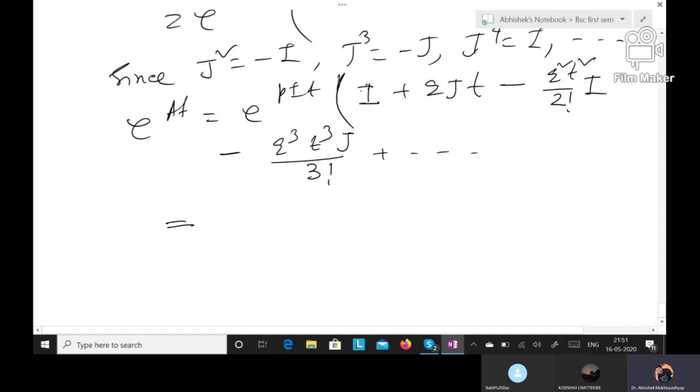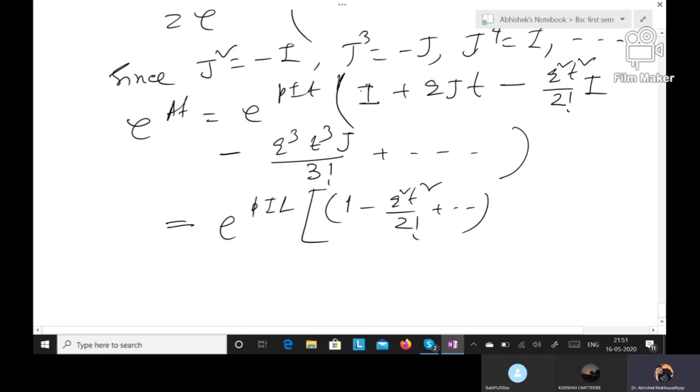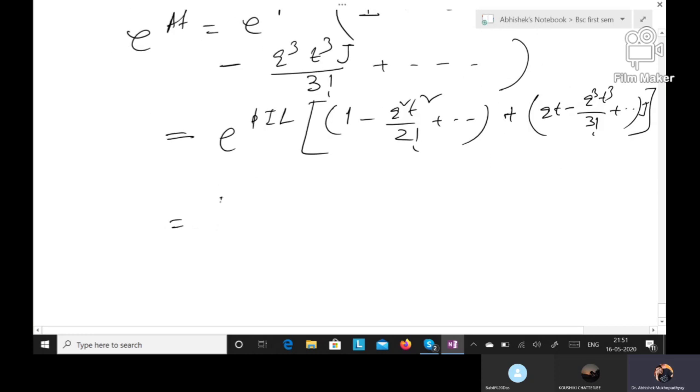So this portion can be rewritten as e to the power pt, now 1 minus q square t square by 2 factorial plus so on, plus qt minus q cube t cube by 3 factorial plus so on into J.